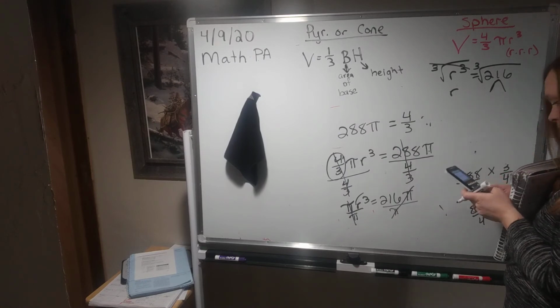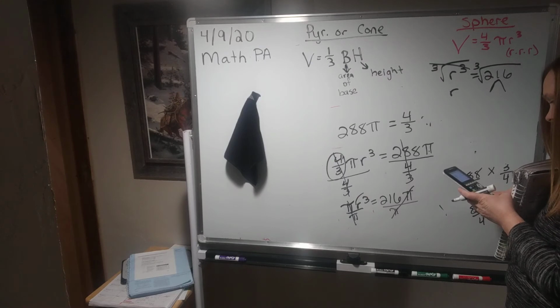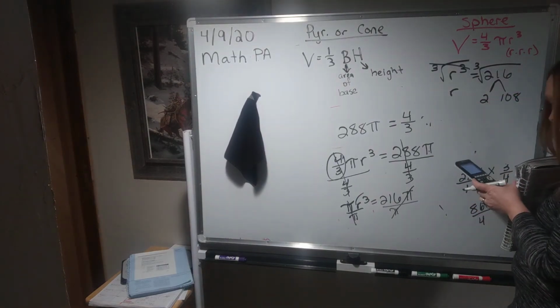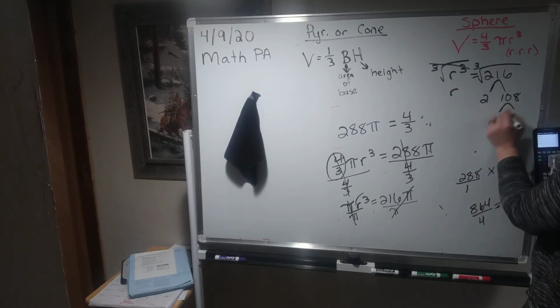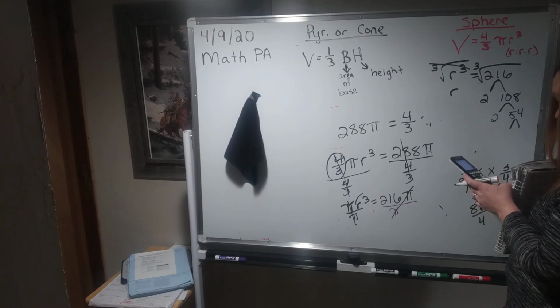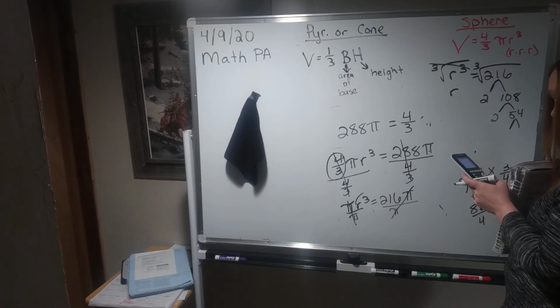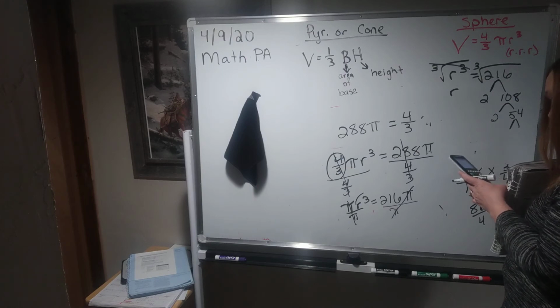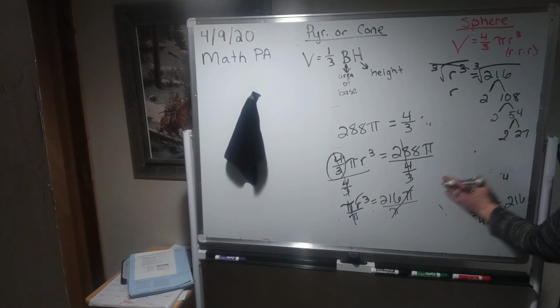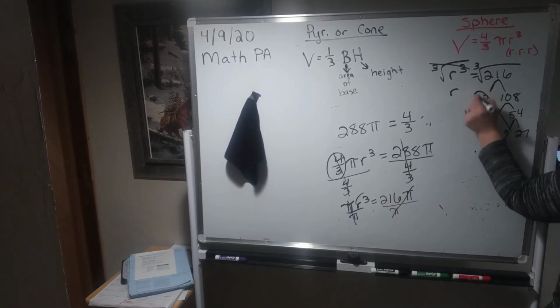216 divided by 2 is 108. So 2 and 108. Let's divide it by 2 again. I get 2 and 54. Is it 6 times 7? No. 8 times 7? No. Let's just take 54 divided by 2 again: 27. So 2 and 27. Now hang with me, I just found a group of 3.